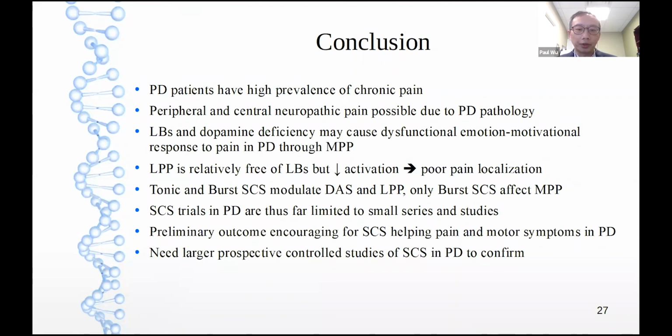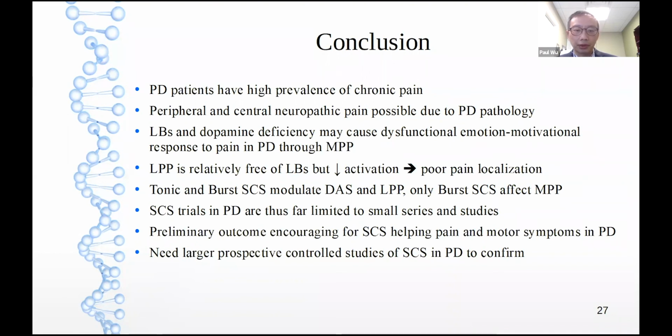Lewy bodies and dopamine deficiency may cause a dysfunctional emotional motivational response to pain in PD through the medial pain pathway. Additionally, in PD, the lateral pain pathway is relatively free of Lewy bodies, but there's decreased activation of the lateral pathway, which results in poor pain localization.